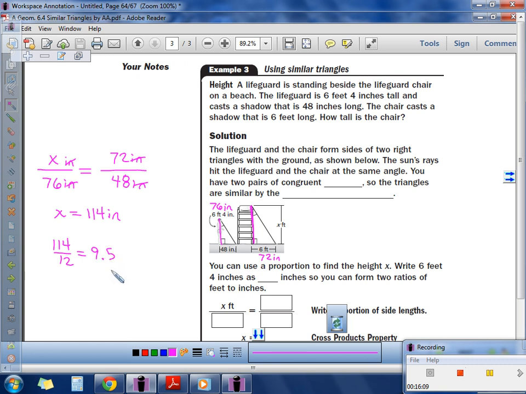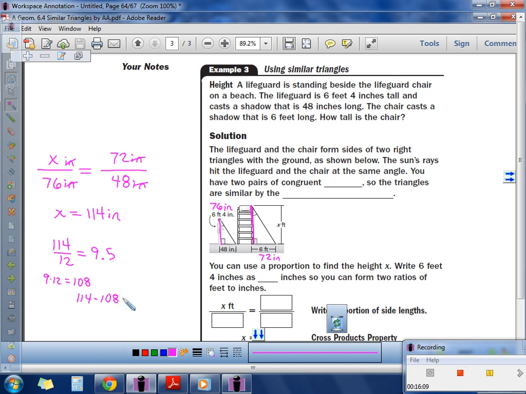I'm going to help people on how to deal with that 0.5. So here's what you can do. What is 9 times 12? Is it 108? But how much do we have left over to get to 114? 6. So that's that 6 inches that she just said a little while ago. So whatever you have left over, we had 114 minus 108.